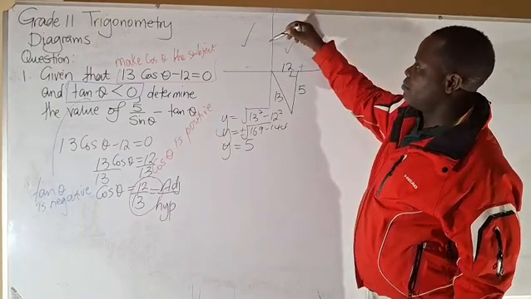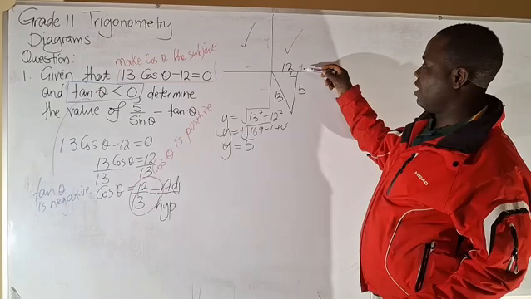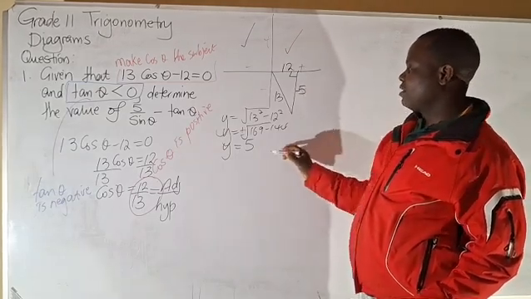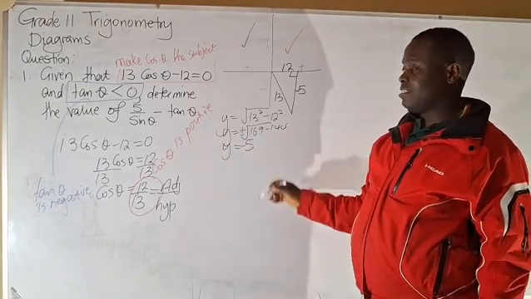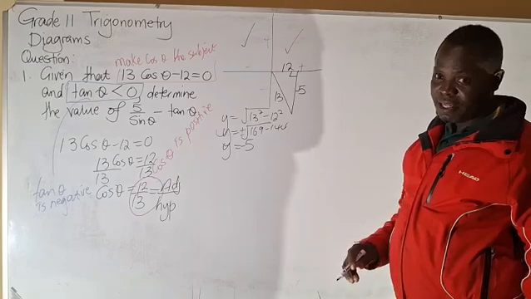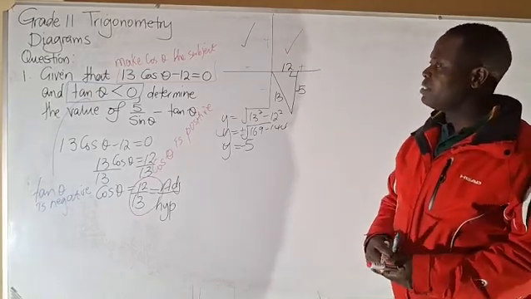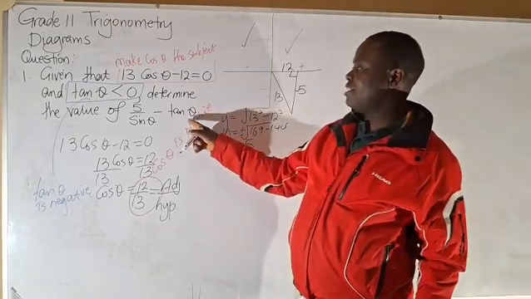The y-axis is positive upwards and negative at the bottom. So because the value of y is downwards, this y has to be a negative 5. Then we are done drawing the diagram. After drawing the diagram, we now substitute into the expression that has been given.